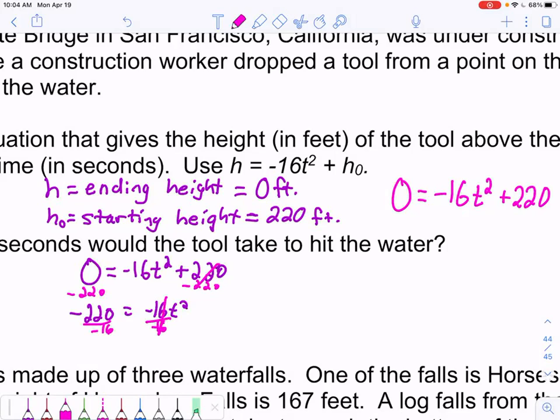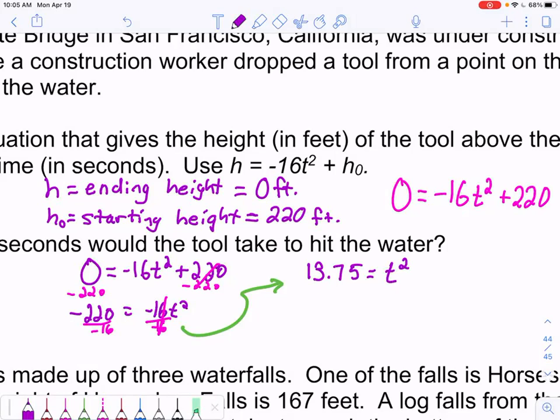And what is negative 220 divided by negative 16? Say that one more time. Okay, so 13.75, right? So we get 13.75 is going to equal t squared.